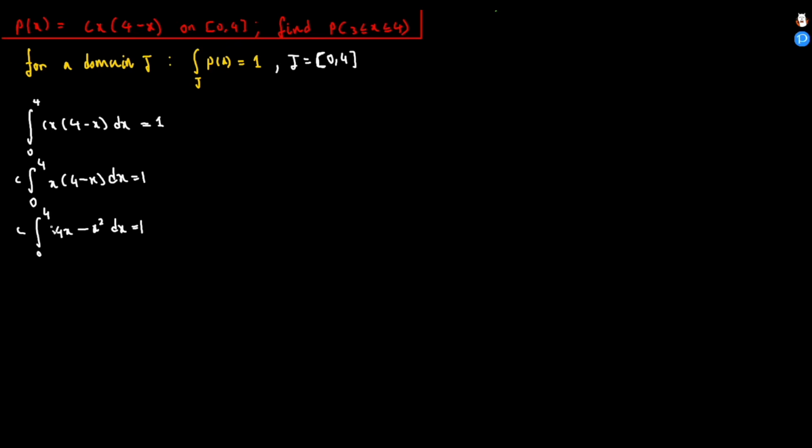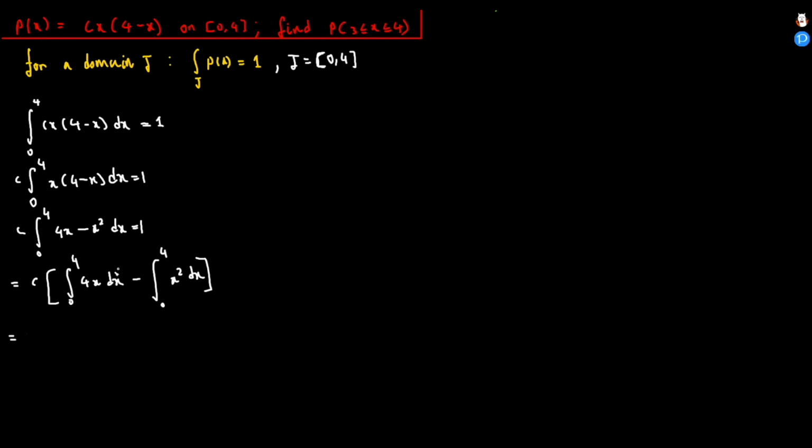So now we know that we can separate these two out. So this is the same as c times the integral between 0 and 4 of 4x dx minus the integral between 0 and 4 of x squared dx, correct?